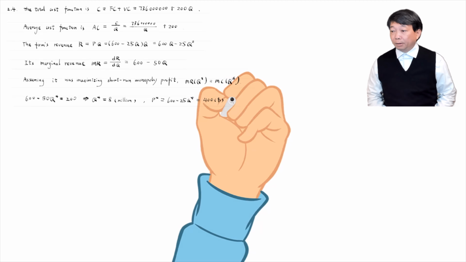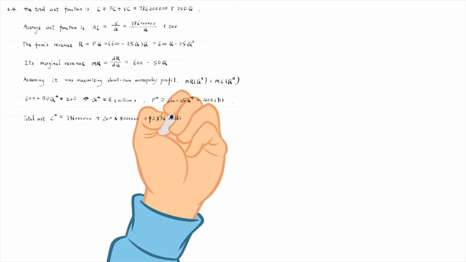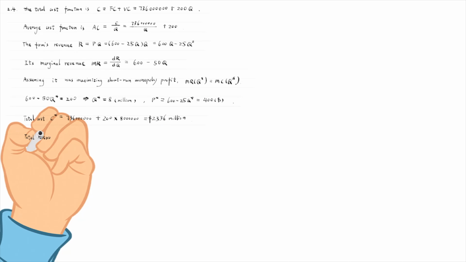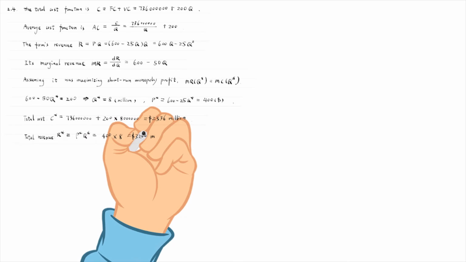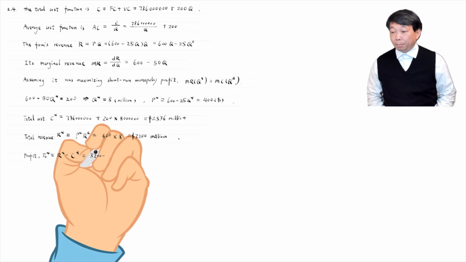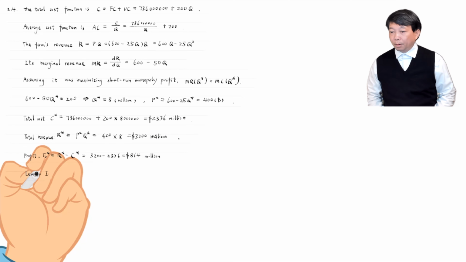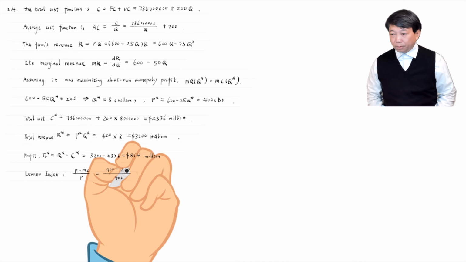Now we can calculate the total revenue and the total cost. The profit, pi star, is the difference between them. It is $464 million. The Lerner index is 0.5.